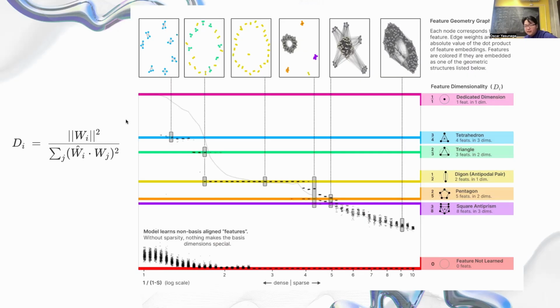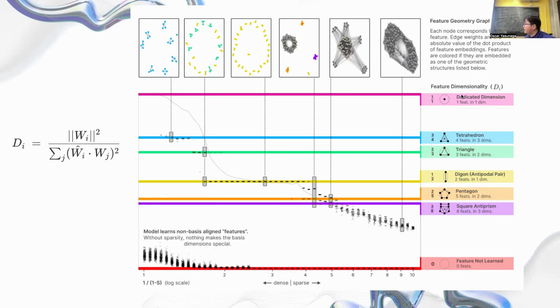This is where you have this dedicated dimension, as we've seen earlier on the left with the dense weight transpose weight matrix, or Gram matrix, where the diagonals are the only elements that have a dot product that's not zero.